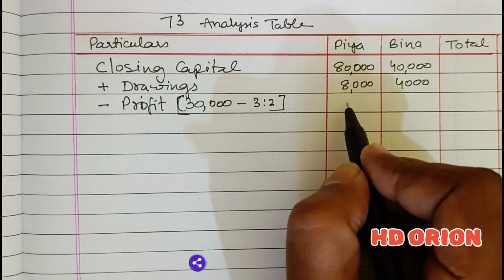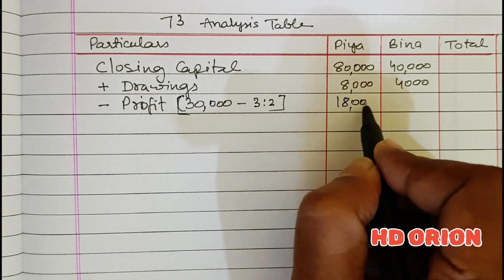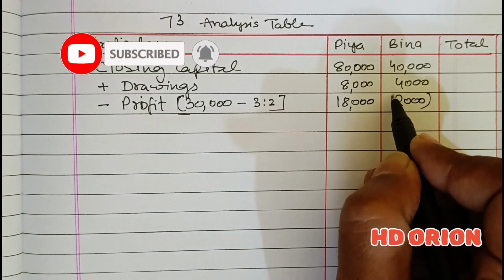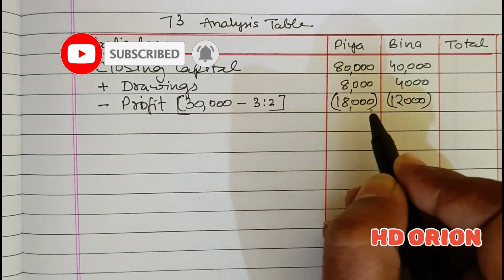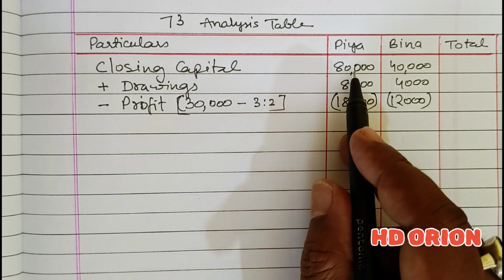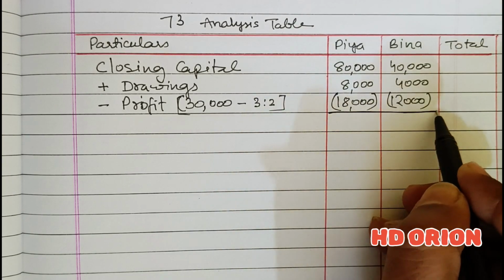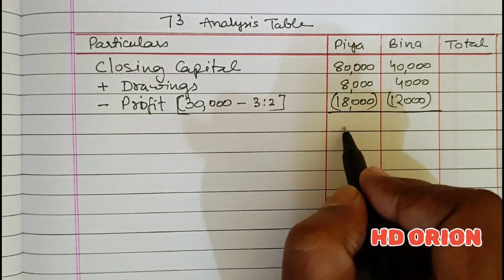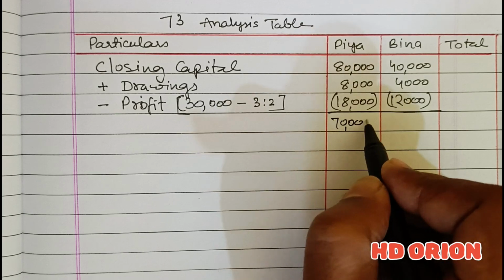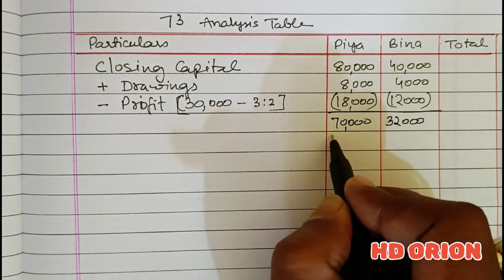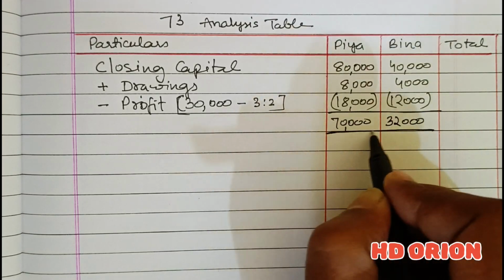Fine. So 18,000 has been given to the first partner and 12,000 for the other partner. We will subtract it. Fine, because profit is already added to this, and we are going reverse. Now 70,000 is the total here, and here it is 32,000. Now this is our opening capitals.